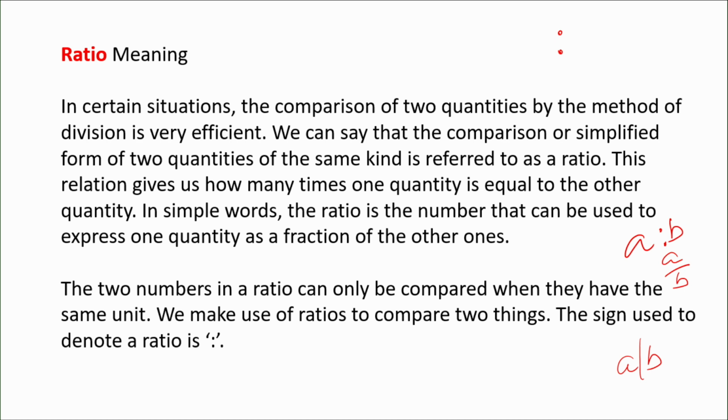This relation gives us how many times one quantity is equal to the other quantity. When you compare meter and kilometer, for 1 kilometer there are 1000 meters, so 1:1000. Paise and rupee, 1:100, correct.